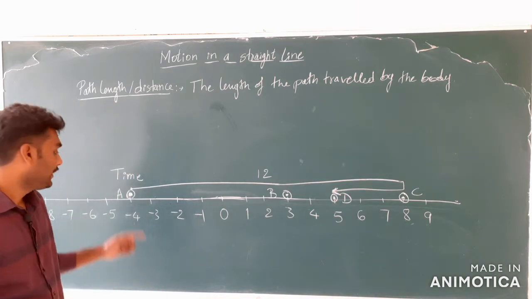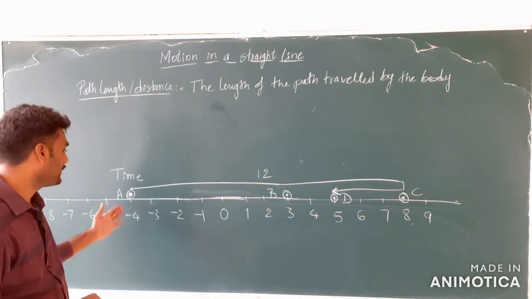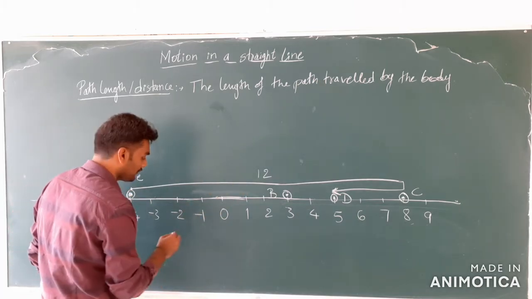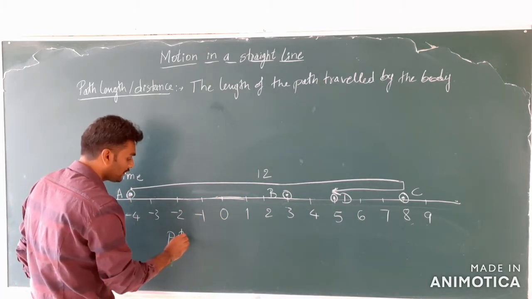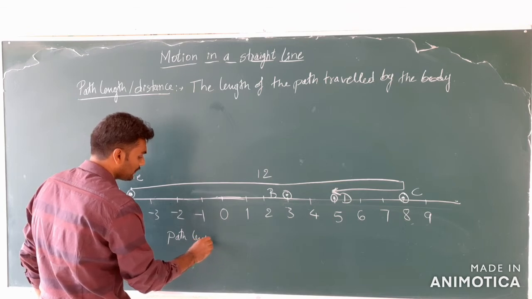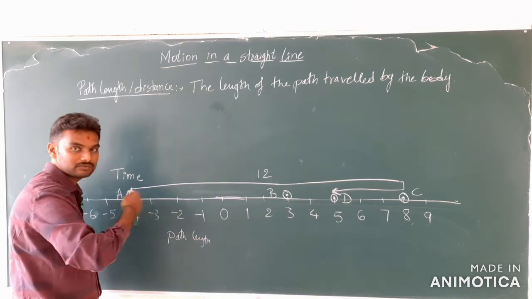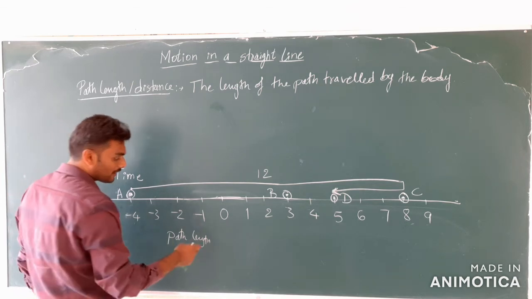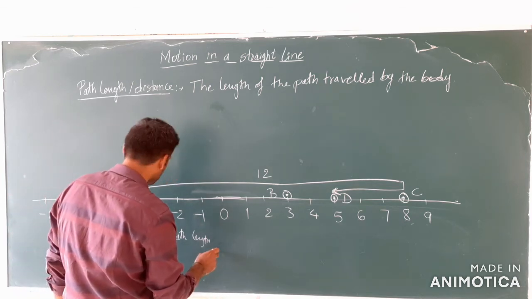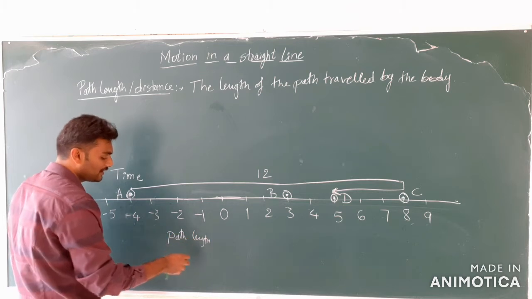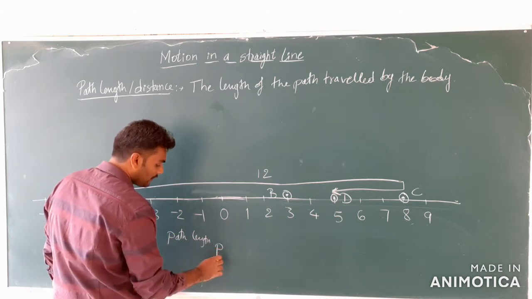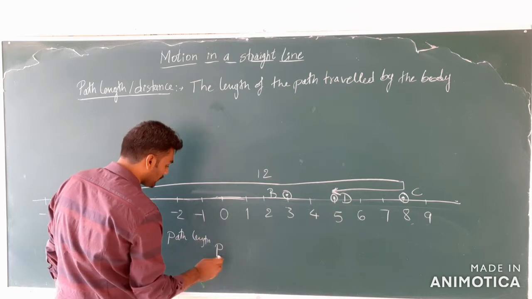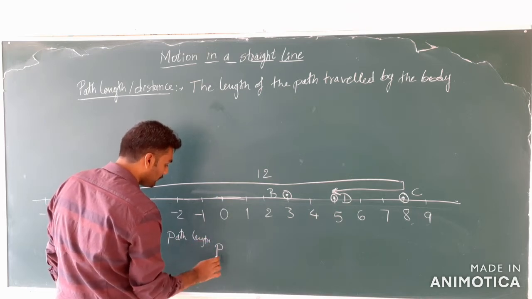Now, how do I get that? Either you can count, or the other way to get the path length: see, the path is AC now, right? Subtract the initial position from the final position.